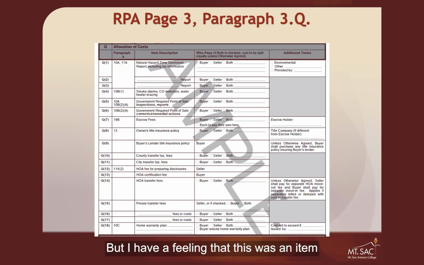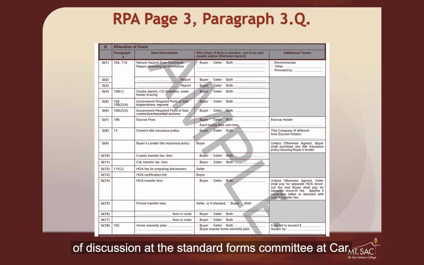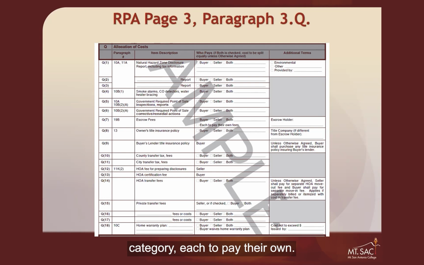But I have a feeling that this was an item of discussion at the Standard Forms Committee at CAR. So they decided to split the baby in the Solomon fashion and create a new little category, each to pay their own. And then your escrow holder on the right there, so you can put Autumn Sky, right? And then below that, we have owner's title insurance policy.